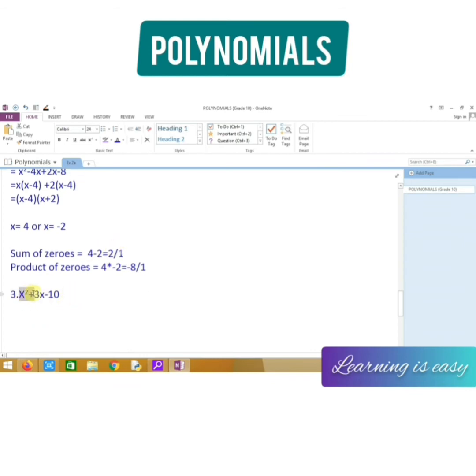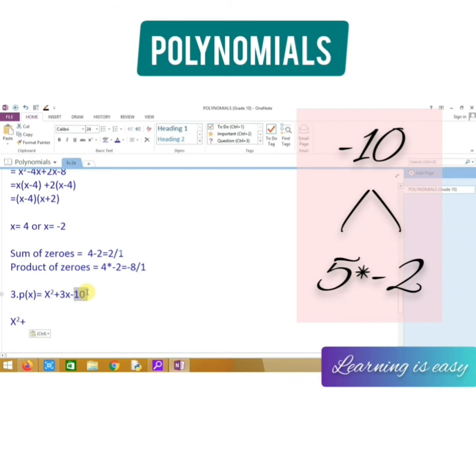Next question 3, x squared plus 3x minus 10. So the coefficient of x squared is just 1. So 10 can be written as 5 twos are 10. So looking at the x value, it's 3x. So 5 is positive and 2 is negative. 5 minus 2 is plus 3x.